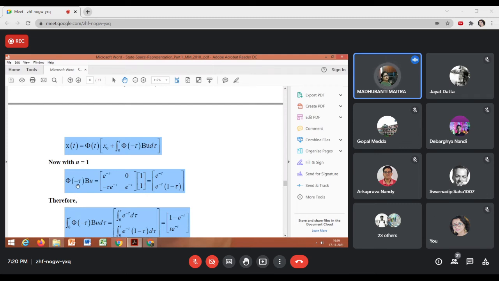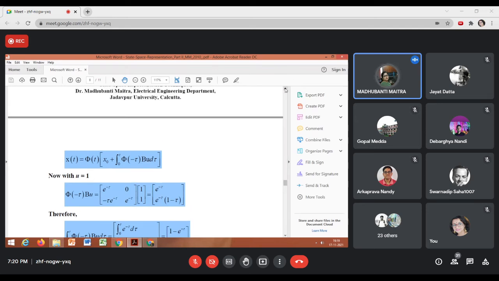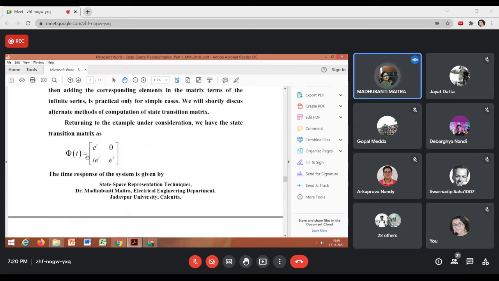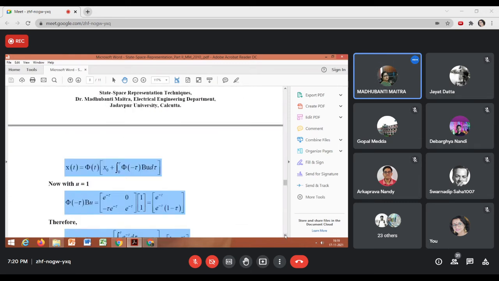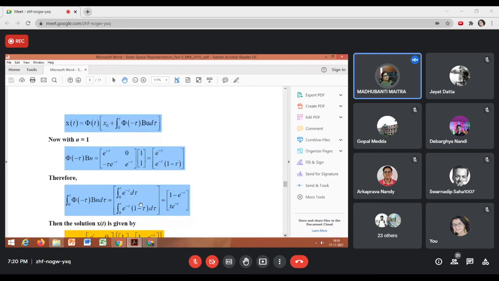So phi(minus tau) B u. Phi t is our state transition matrix that we have computed here. So phi(minus tau) means all these t's should be substituted by minus tau. Hence, phi(minus tau) will be the matrix e to the power minus tau, 0, minus tau e to the power minus tau, e to the power minus tau. What is B?